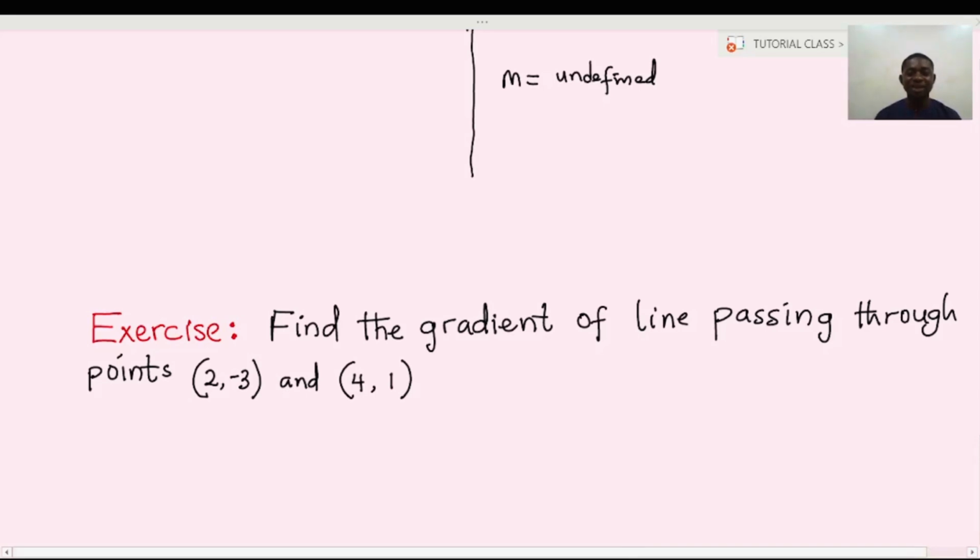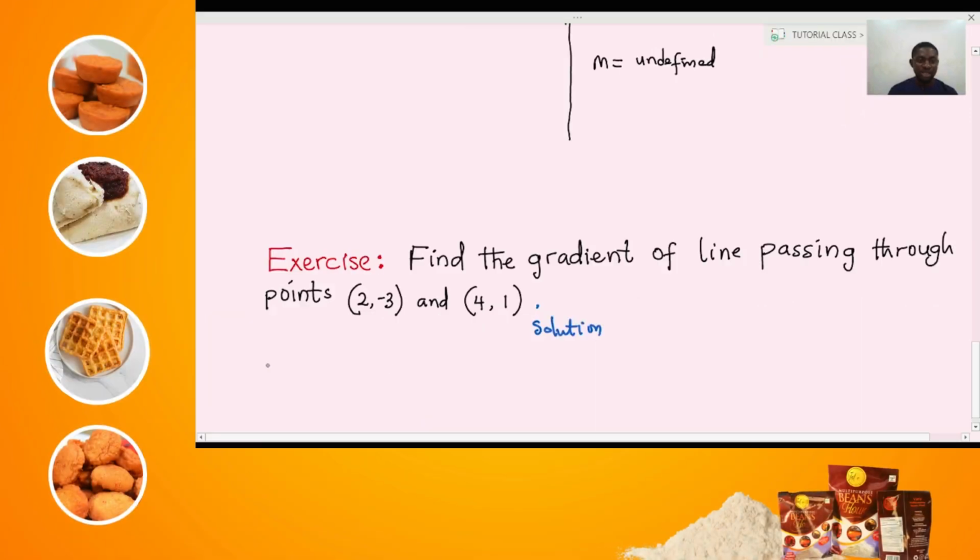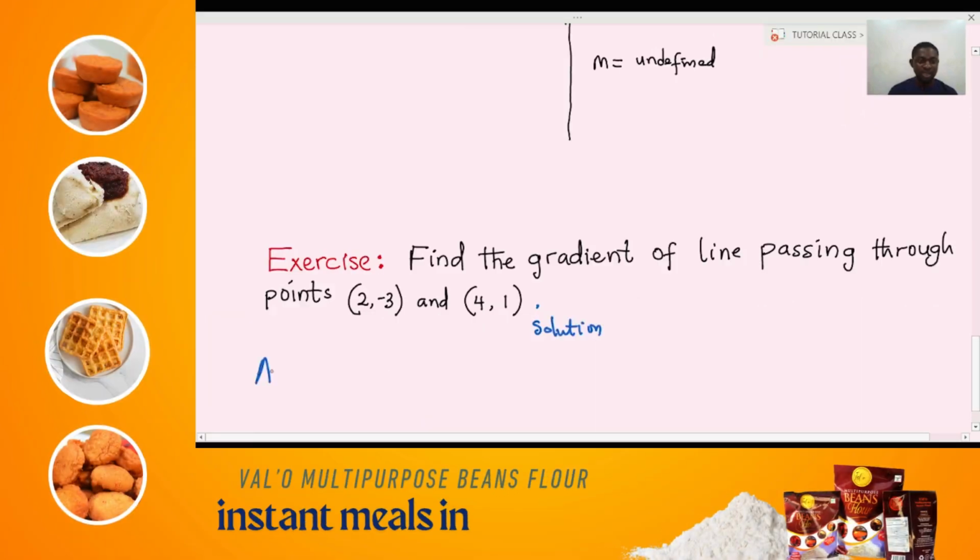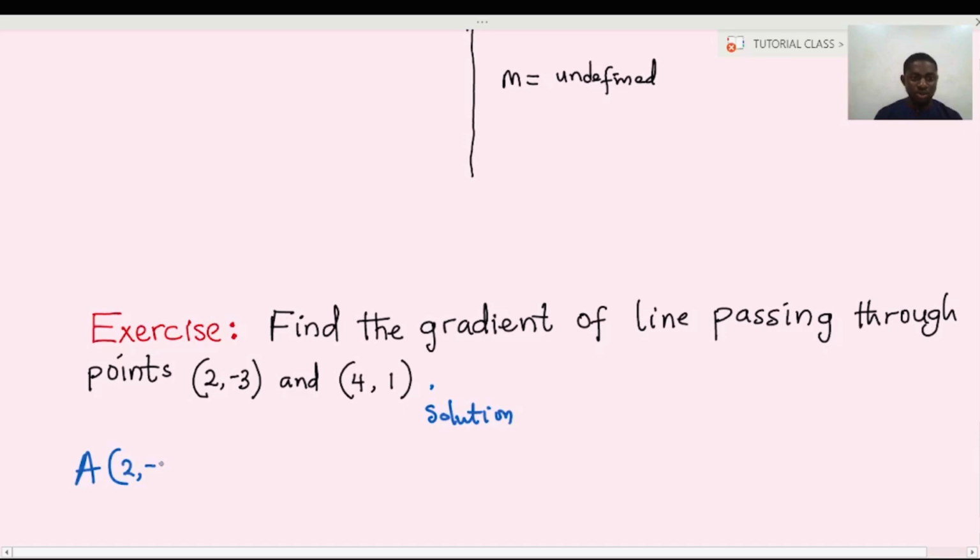Alright, in response to this exercise, let's go through it together. You can just give it any letter. Say we have, let's do the solution. If A is 2, comma minus 3. So our x is 2, our y is minus 3.